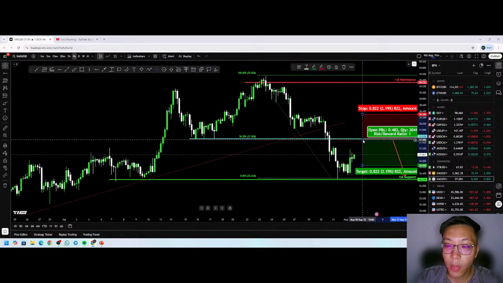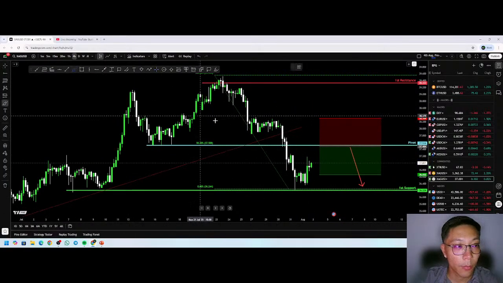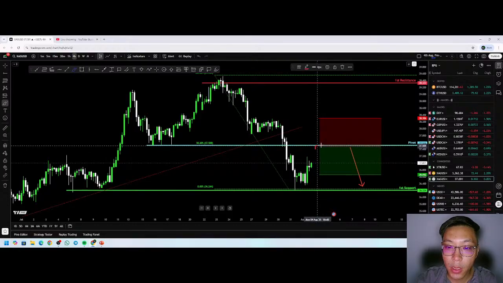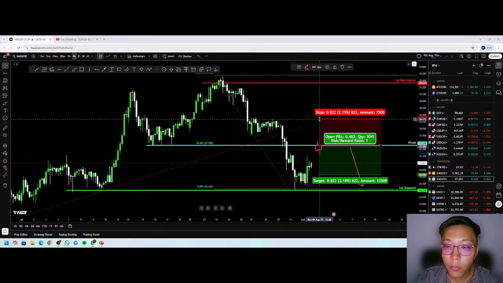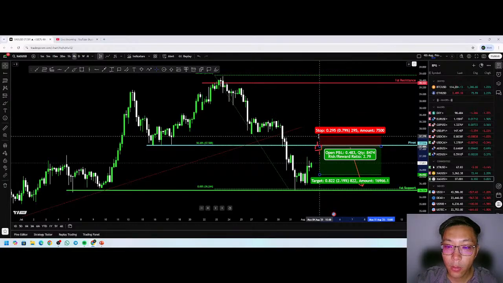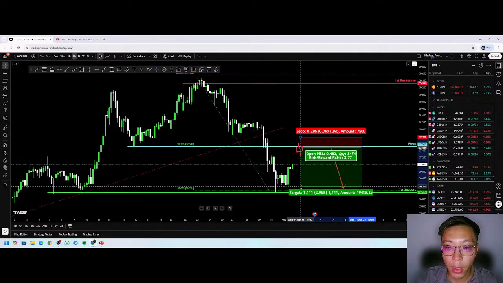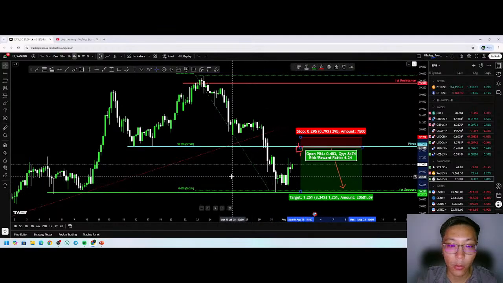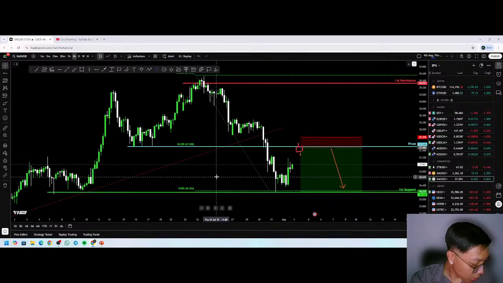You can enter right about this pivot point here, with your other confluences as well, if you have them. Price needs to close below this pivot point. Then you can enter off this level, place your stop slightly above this pivot point, and your target is back to this first support level. I would suggest getting at least a 1:2 or 1:3 risk to reward ratio.